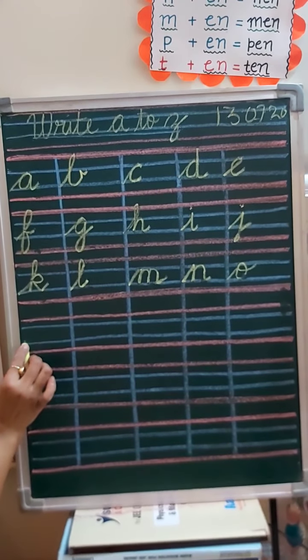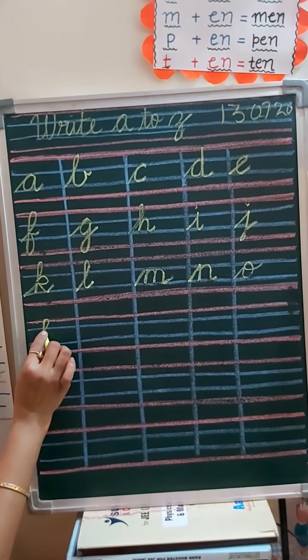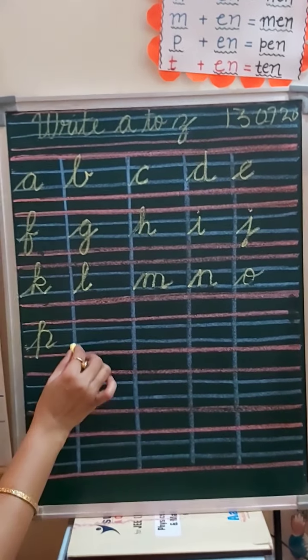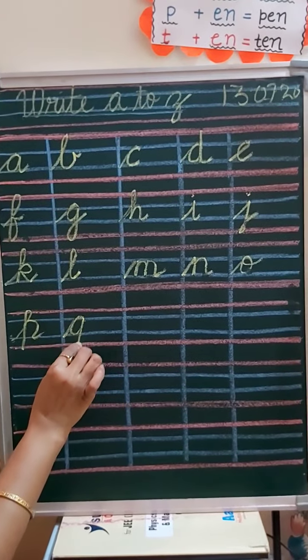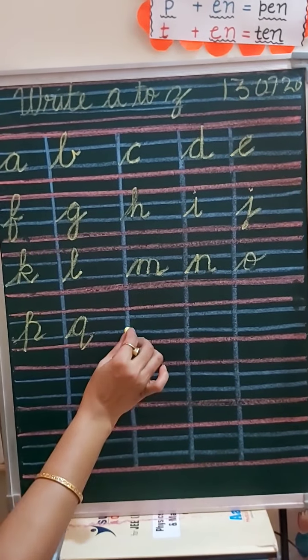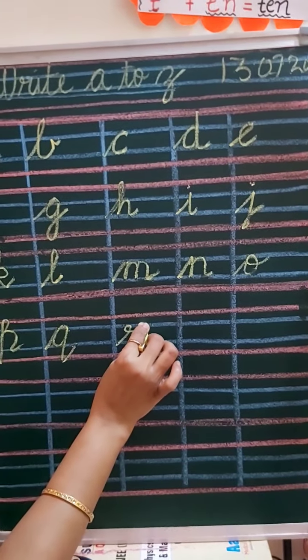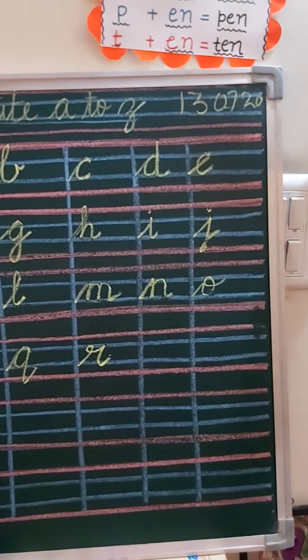K, L, M, N, O, P. Starting from the corner till the red line, down till the red line, and a turn, P. Q, just make a formation like A, straight down till the red line and slant up till the blue line. R, slant up, turn, touch the blue line, down, blue line and turn.